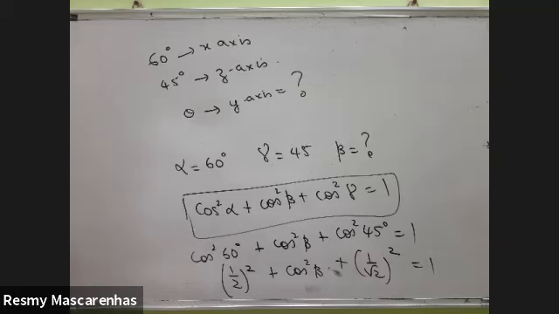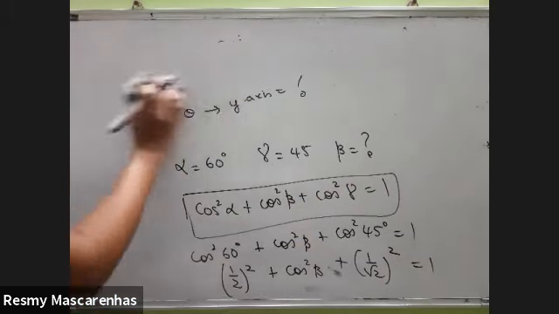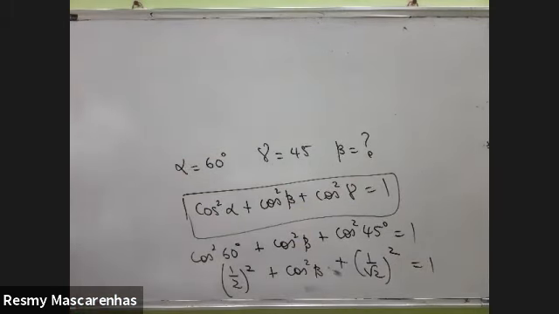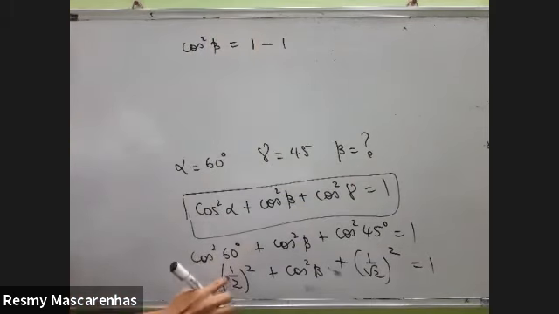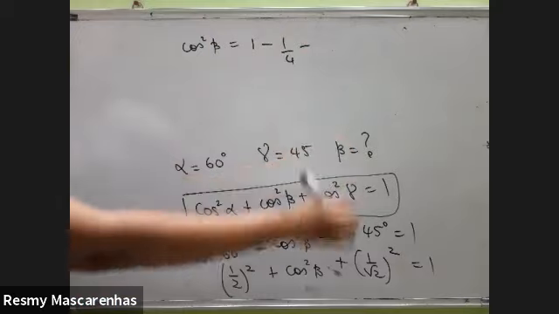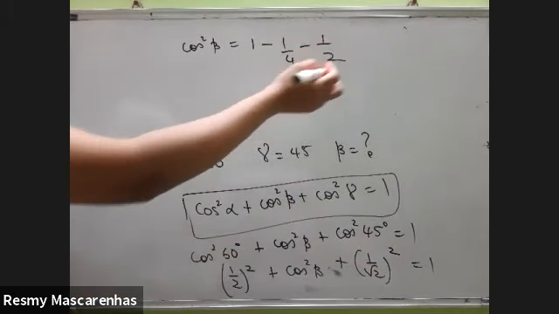Is there anyone who has got the answer? Square this, take the values on the other side, then take a root. The square will go and become root of that number. So this will become 1 by 4 and this will become 1 by 2.